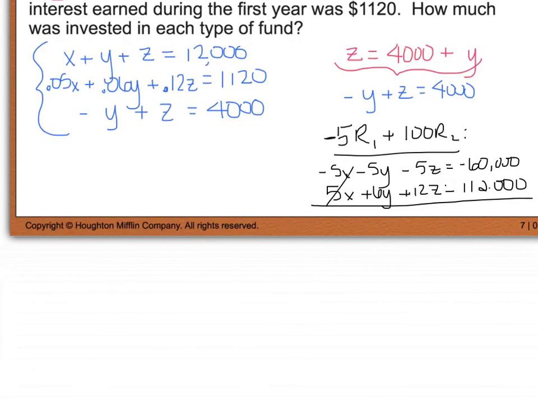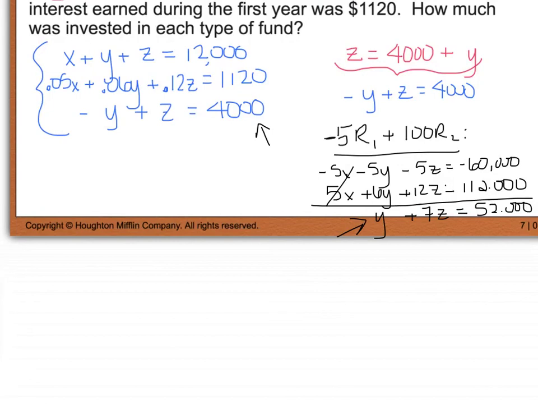We add these up, our x's go away, I'm left with y plus 7z equals 52,000. So now I have a new second equation. If I add this equation to this equation, then I can see that my y's will cancel and I can solve for z.